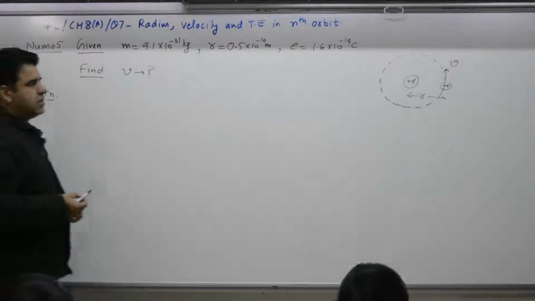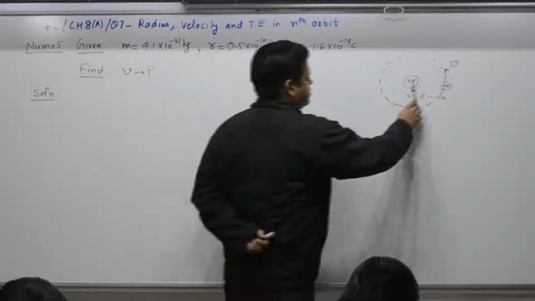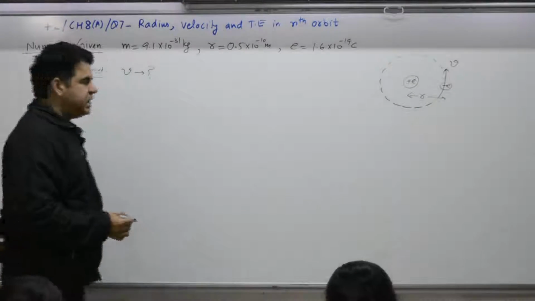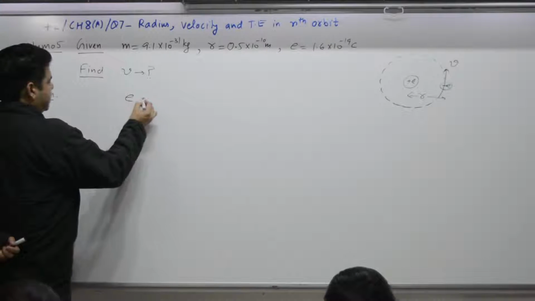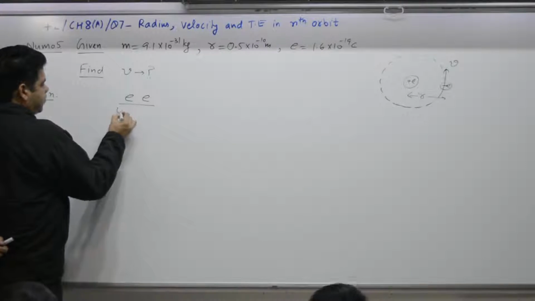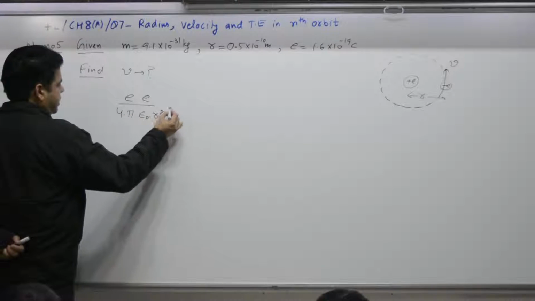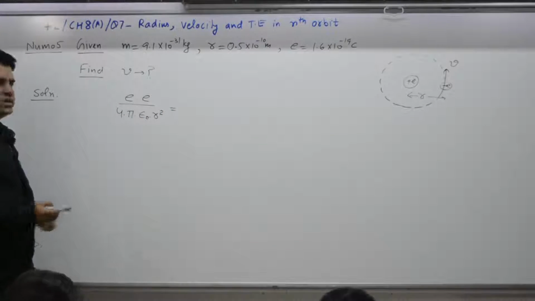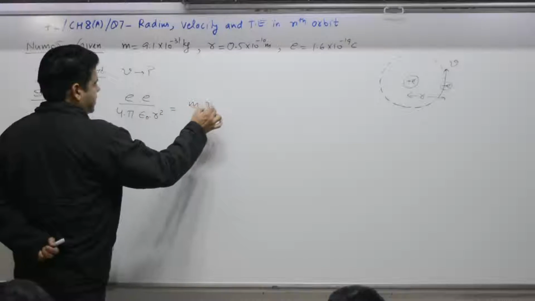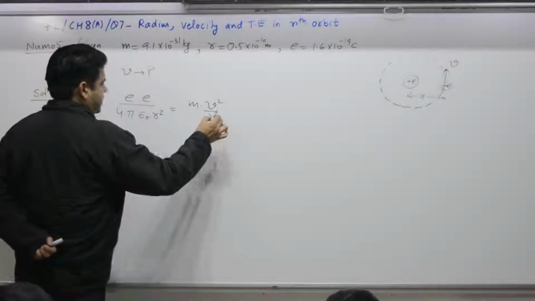Electric force, Coulomb's force between the two, provides necessary centripetal force. Electric force between the two, q1 q2 over 4 pi epsilon r square, provides necessary centripetal force, m v square by r.